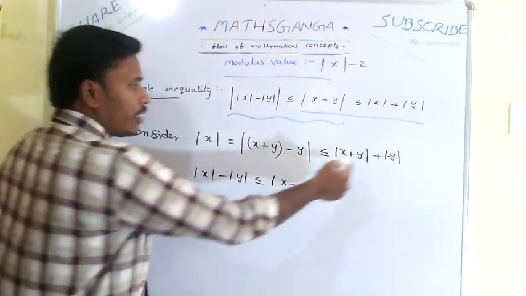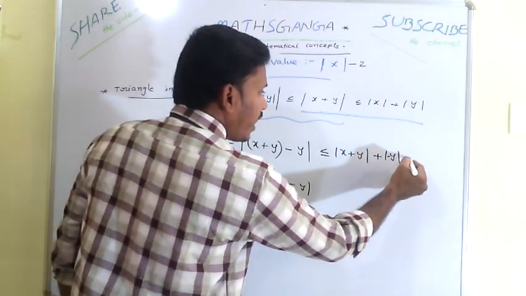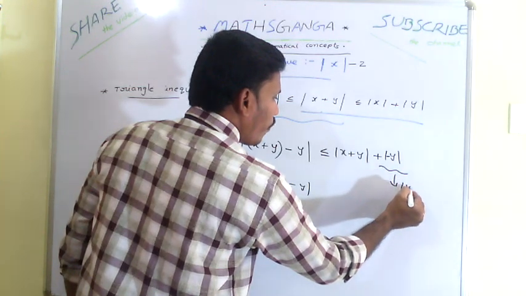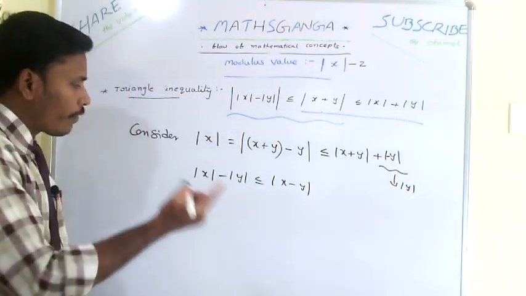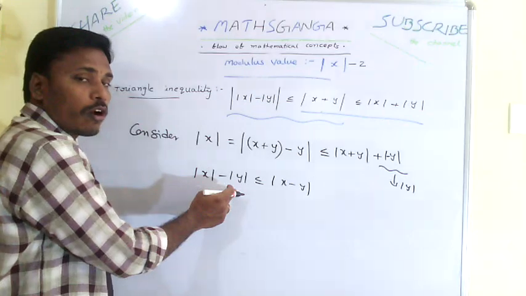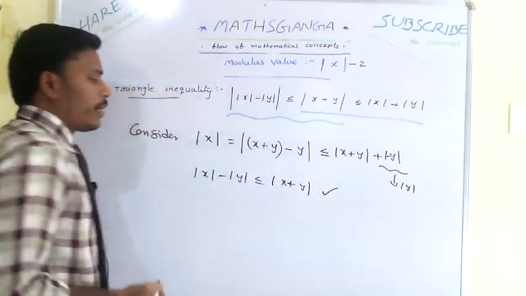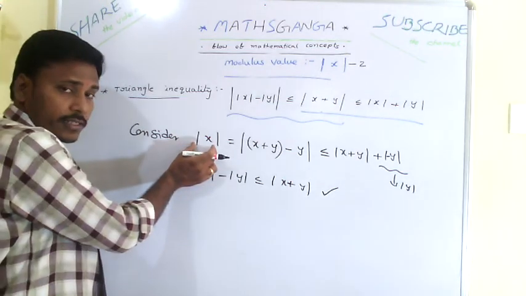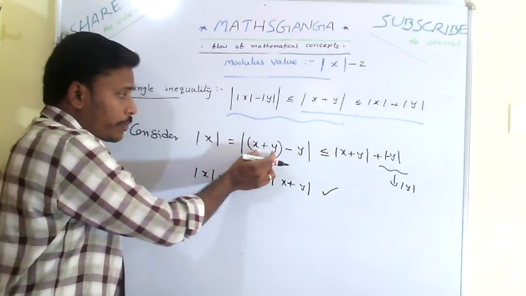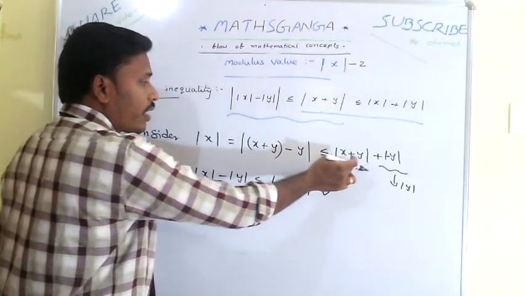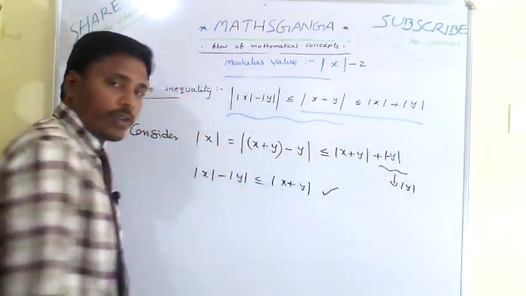Now this modulus of minus y is again equal to mod y itself. Modulus of minus y and mod y both are the same. So now you send here mod x minus mod y is less than or equal to modulus of x plus y. This is the second part. So mod x is written as x plus y minus y. So from the second part, this is less than or equal to mod x plus y plus mod minus y.